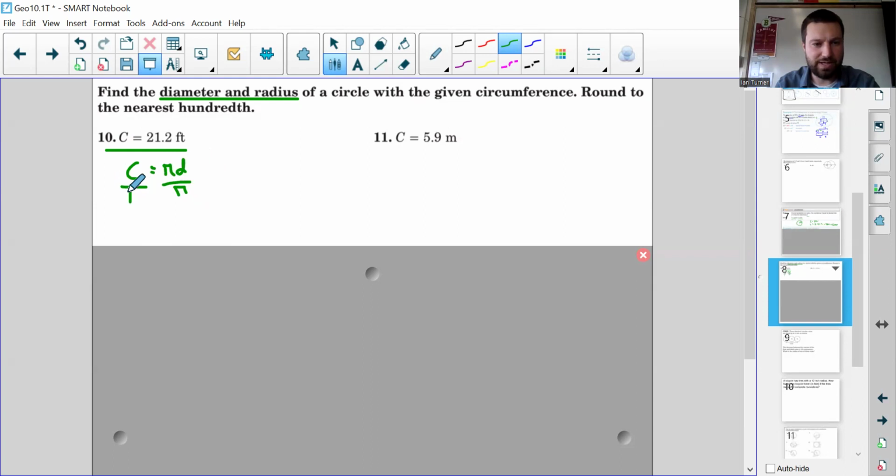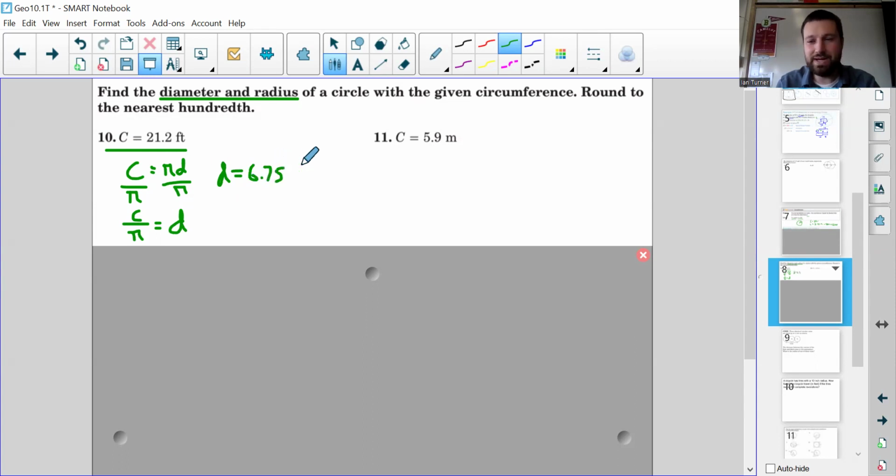Divide by pi, and we get diameter is equal to circumference divided by pi. Okay, and we just do that. Okay, so circumference was 21.2, so we're going to do 21.2 divided by pi. Again, use the pi on your calculator, not just 3.14. Let's try to be accurate, kiddos. And we get diameter is 6.75.